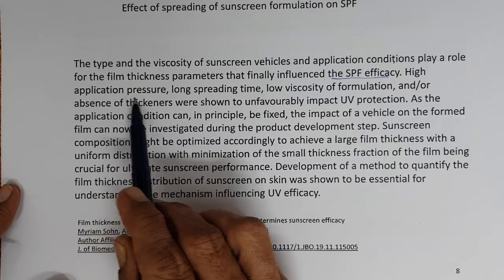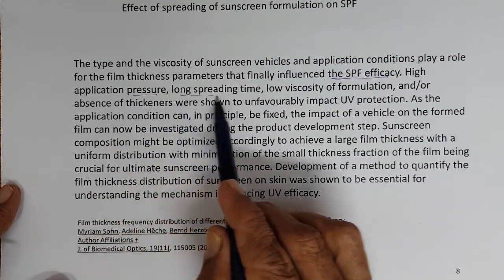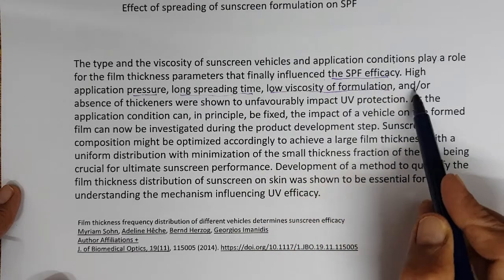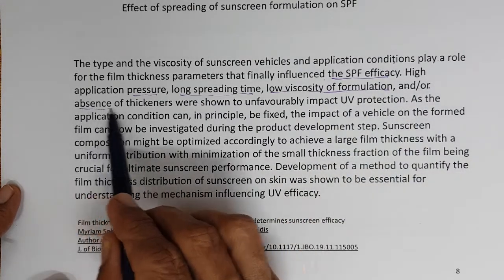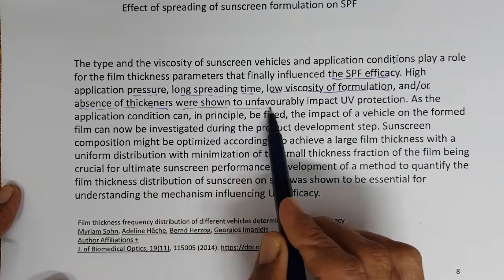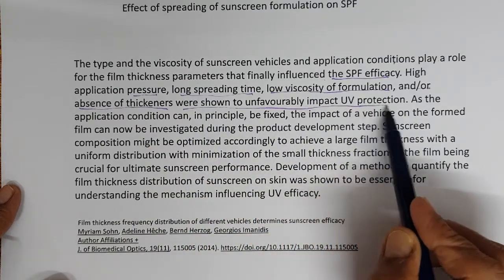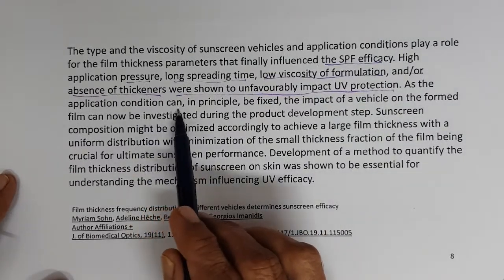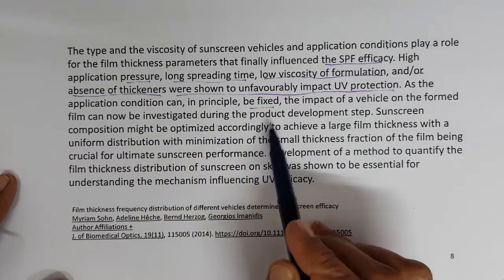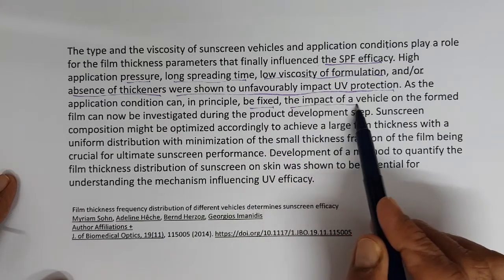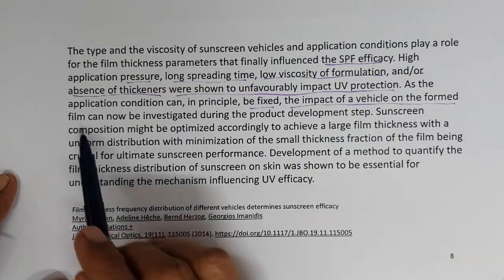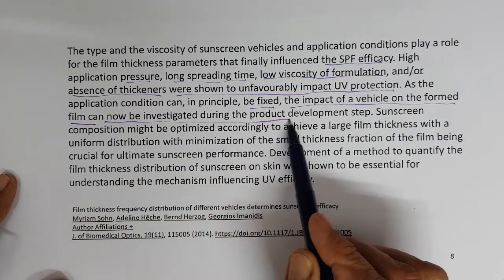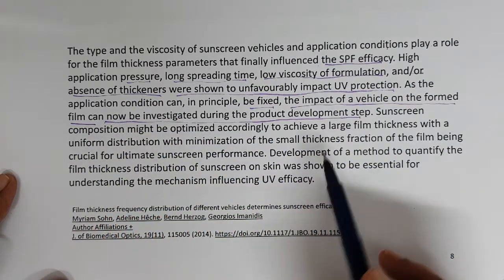Right? High application pressure, long spreading time, low viscosity formulation and/or absence of thickness were found to unfavorably impact UV protection. As the application condition can in principle be fixed, the impact of a vehicle on the formed film can now be investigated during the product development step.